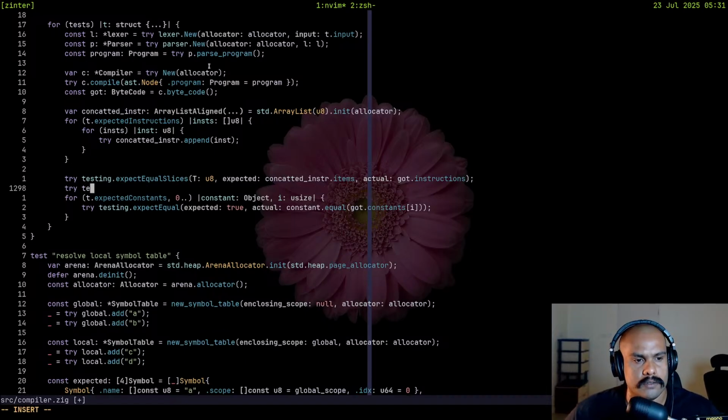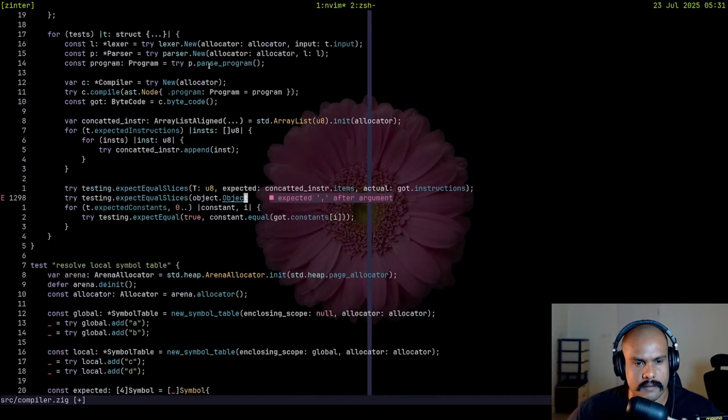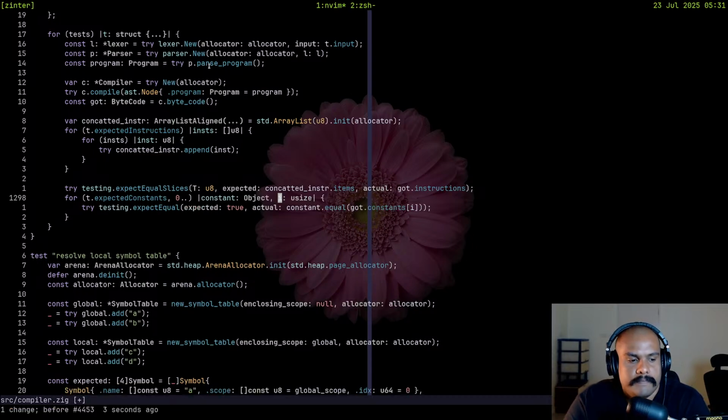Wonder why I didn't do testing dot equals slices, tick dot object. Oh no, because can't check equality that way. Need to check the value.